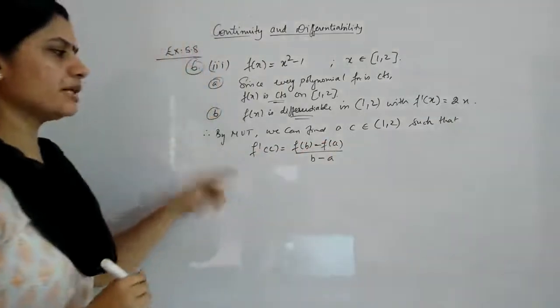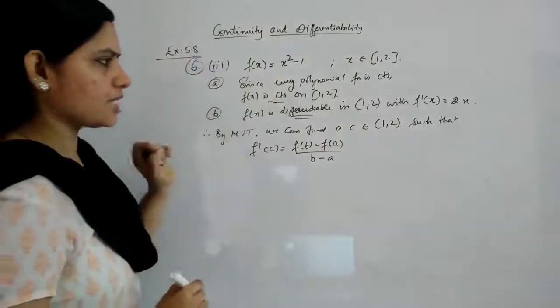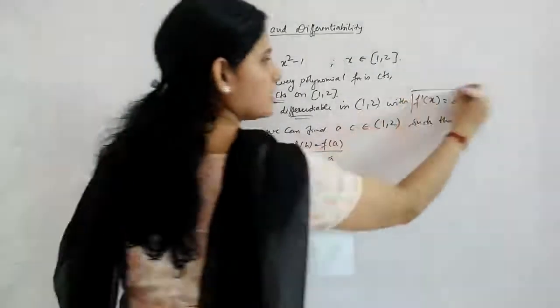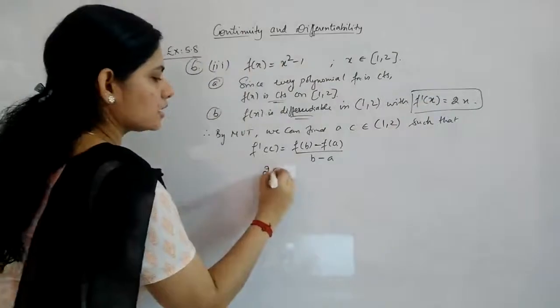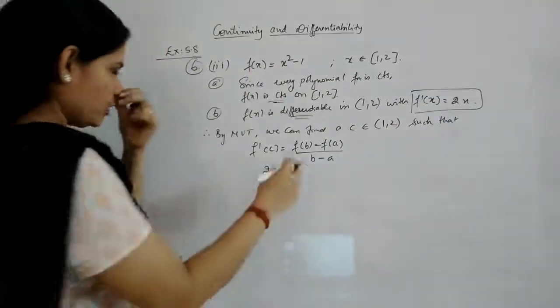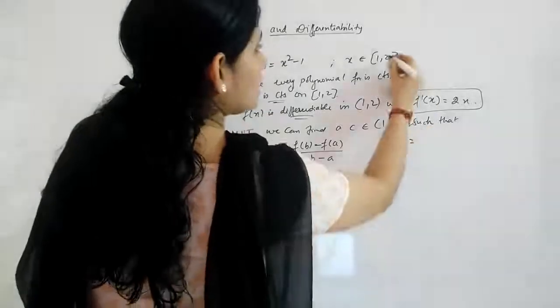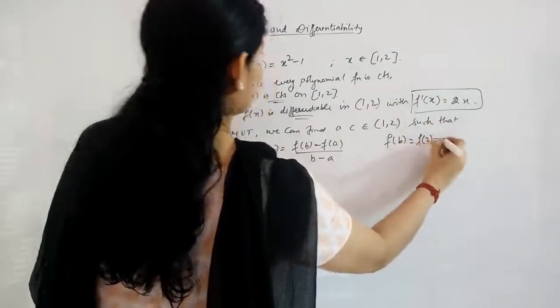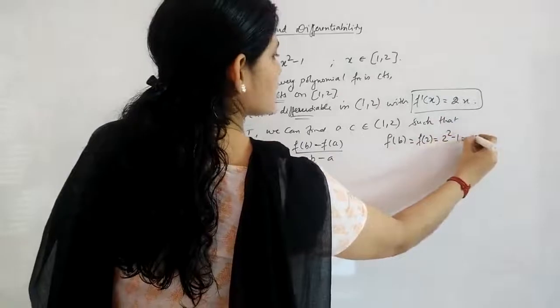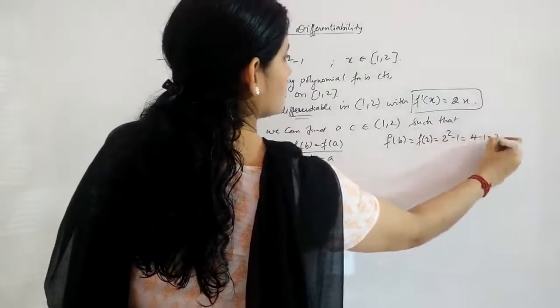Now we have to find out f of b, f of a, and f dash of c. Again f dash of x is there, so f dash of c will be 2c. Replace x with c. f of b is f of 2, which is 2 square minus 1, which is 4 minus 1, 3.